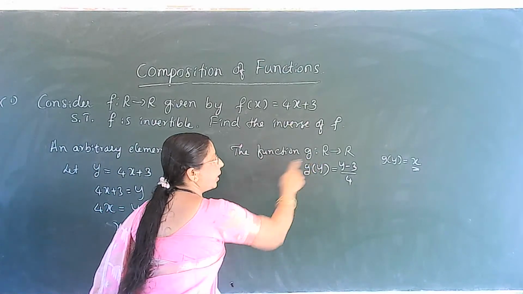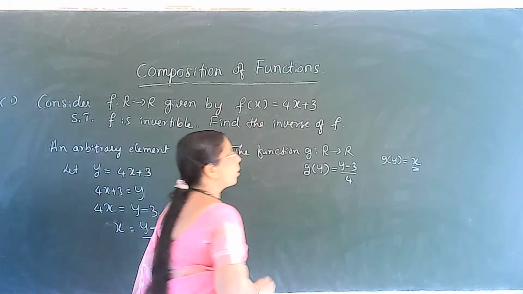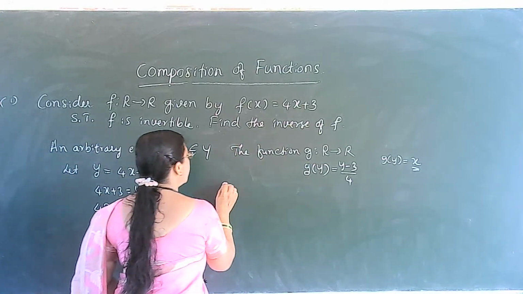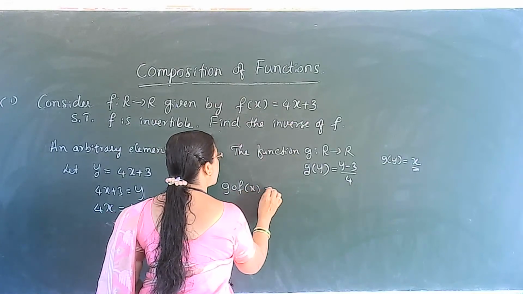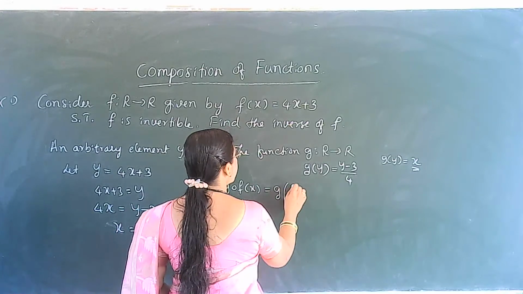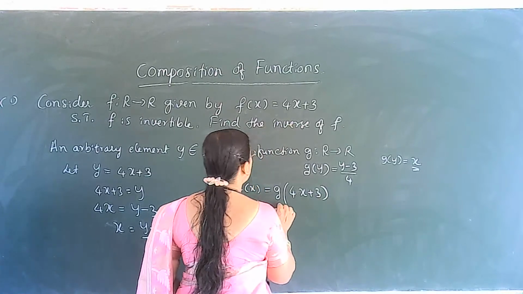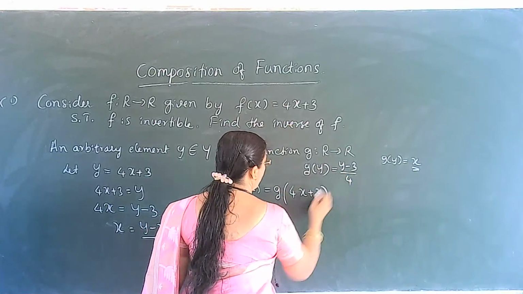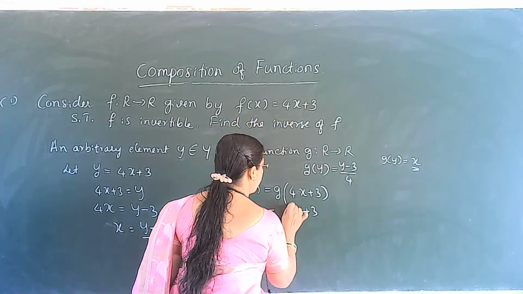Then define the function g from R to R, with g of y equal to y minus 3 by 4. Then find g naught f of x, which is g of f of x, where f of x is 4x plus 3. In the g function, we substitute y equal to 4x plus 3.